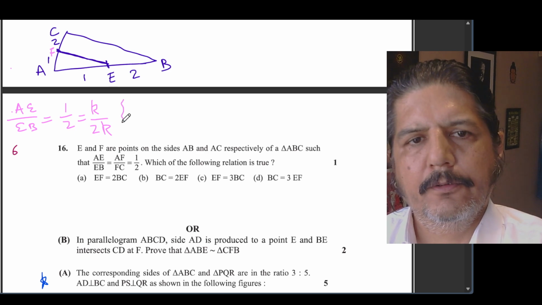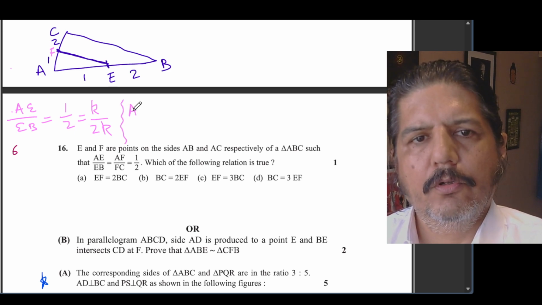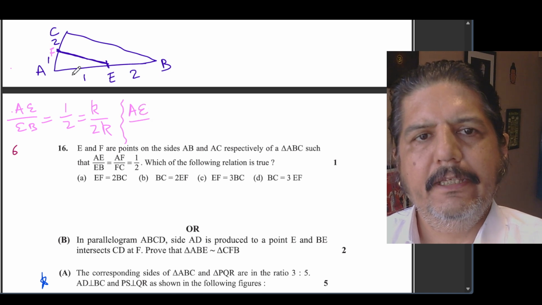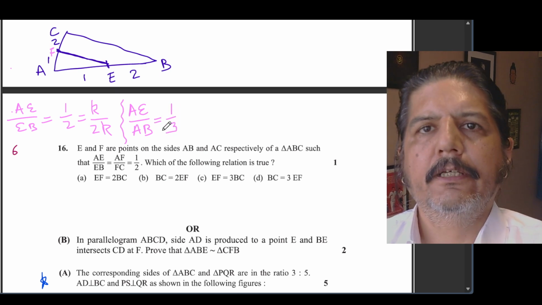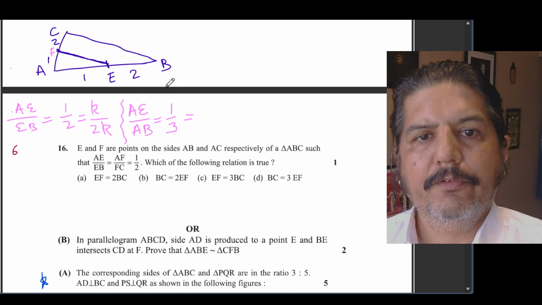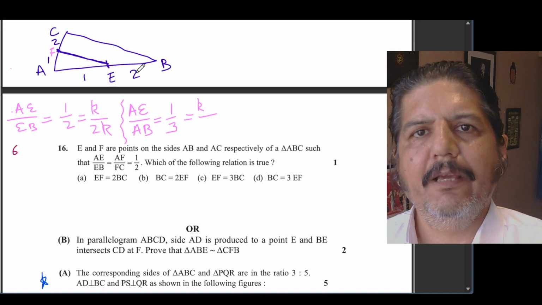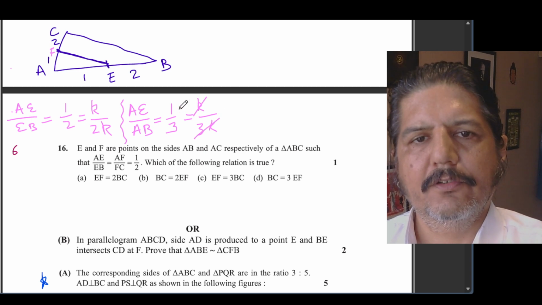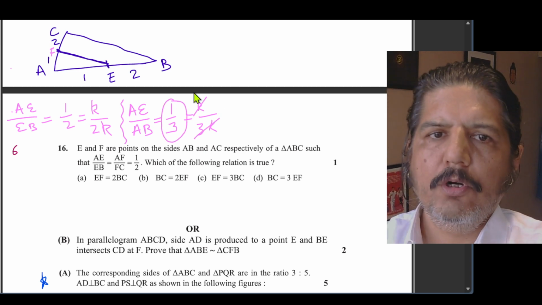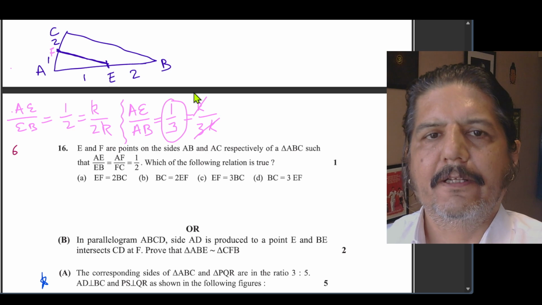Now if you look at the proportion of AE upon AB, the proportion would be 1 upon 3. Why 1 upon 3? Because AE would be K and AB would be K plus 2K, which is 3K. So this and this cancel, and the ratio of AE upon AB would be 1 by 3.